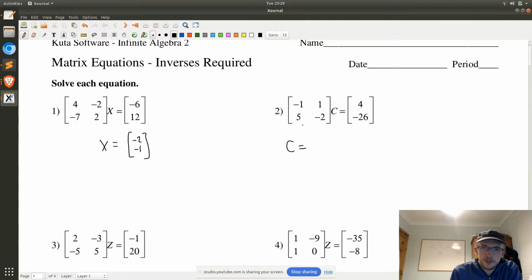Two. Take 5, isn't it? So minus 3. So it would be minus 1 over 3. And then swap the main diagonal. Negate the off diagonal. And you're good. And put 4, negative 26 there. And now times them out.